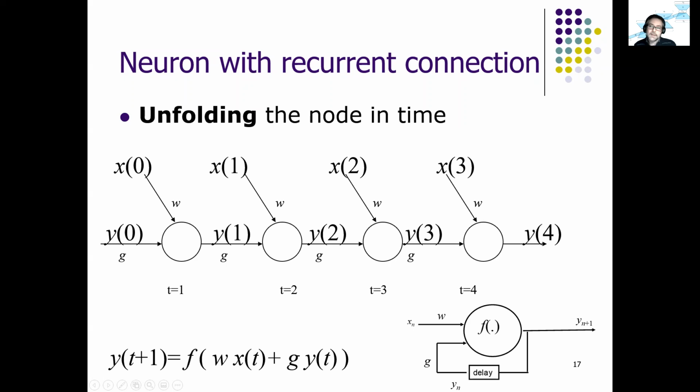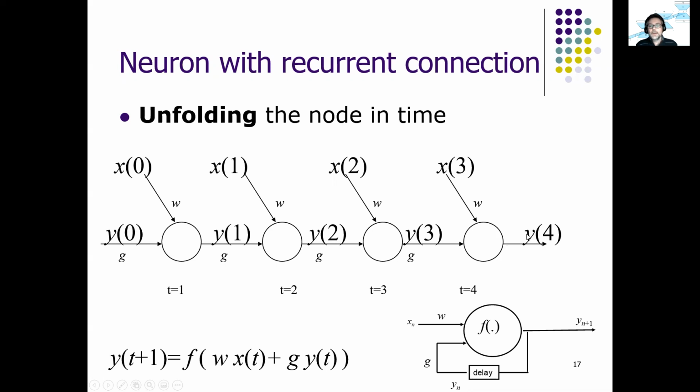It introduces as an extra input the previous state of the node. And the idea is that instead of using this kind of model with the feedback, we unfold the node in time. So this schematic here shows you the unfolding of this node in time.